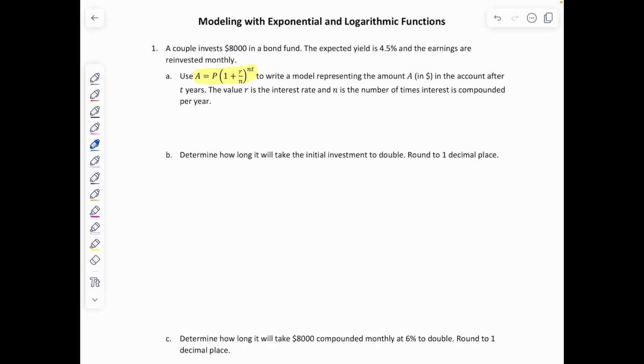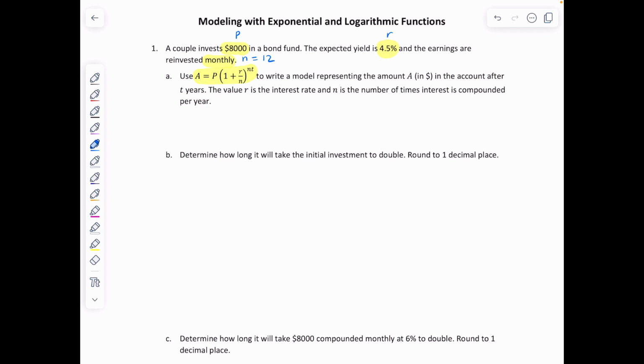R is the interest rate and N is the number of periods. So reading the problem, I see that the initial amount is 8,000, so that's going to be your P. The expected yield is 4.5%. This is going to be the interest rate. And reinvested monthly, so this is going to show that our period is going to be 12 because there are 12 months in a year.